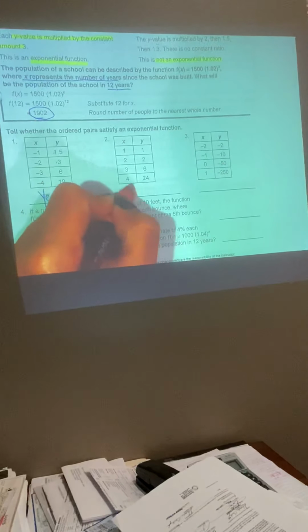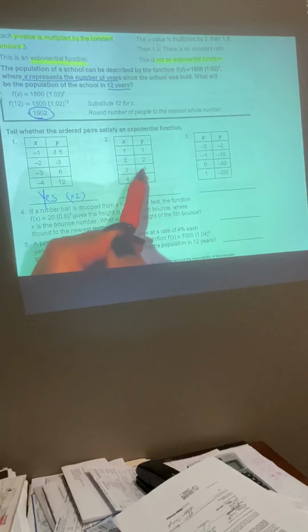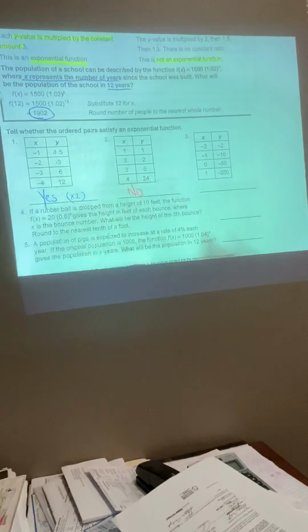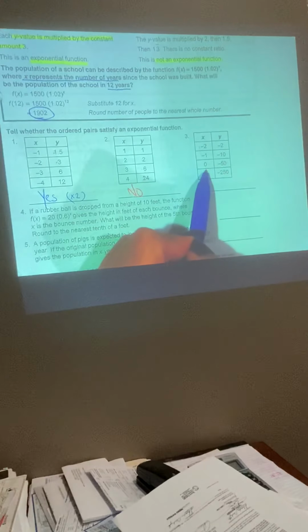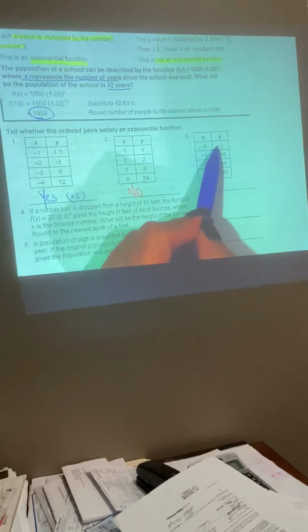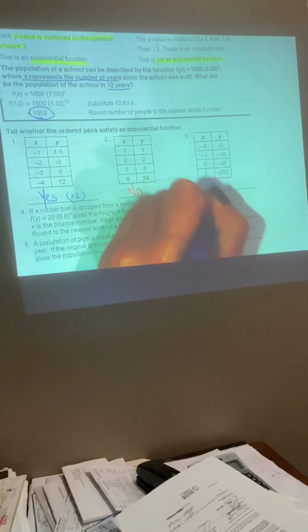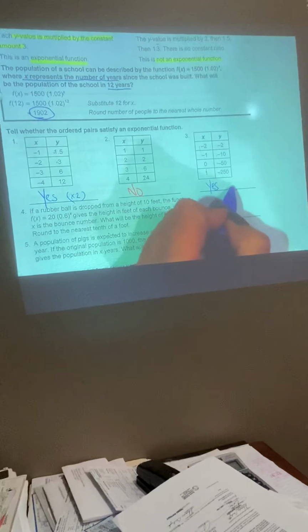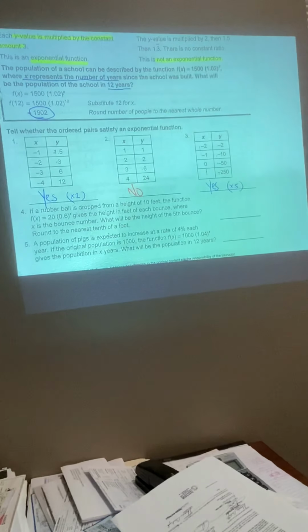And the answer is no. This is multiplied by 2, this is multiplied by 3, this is multiplied by 4. So therefore it's no. Number 3, is this being multiplied? My x's are good. They're constant. My y's, negative 2, negative 10, negative 50, negative 250. And the answer is yes, it's being multiplied by 5.